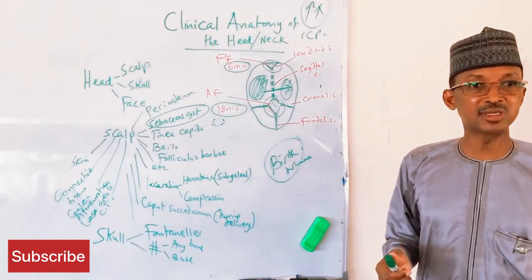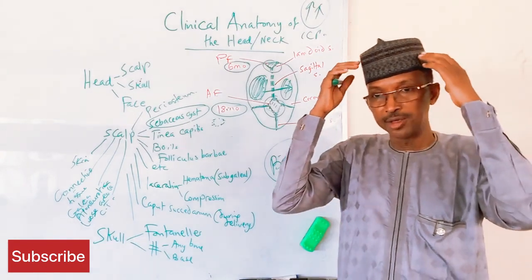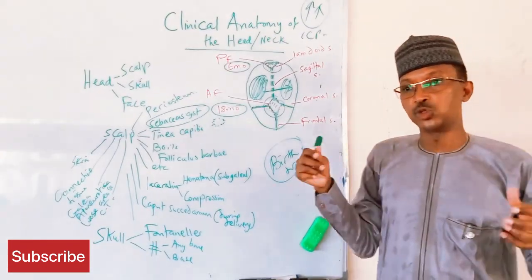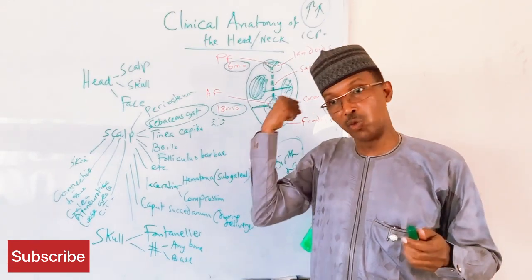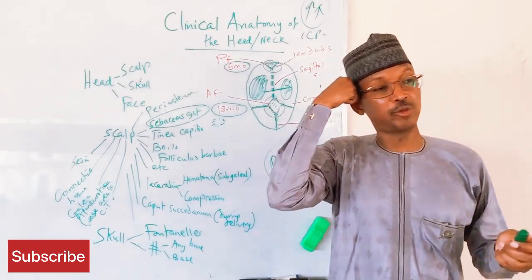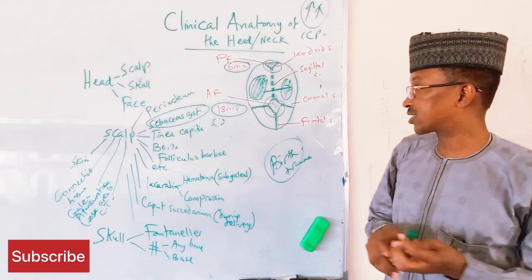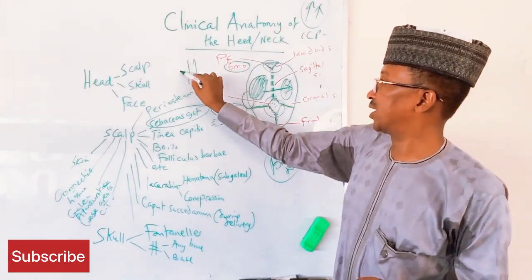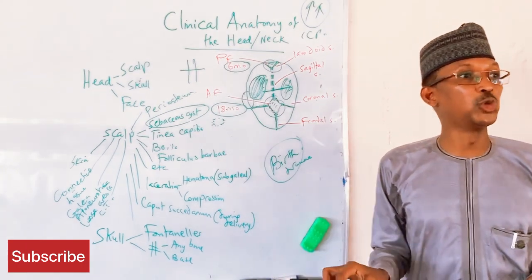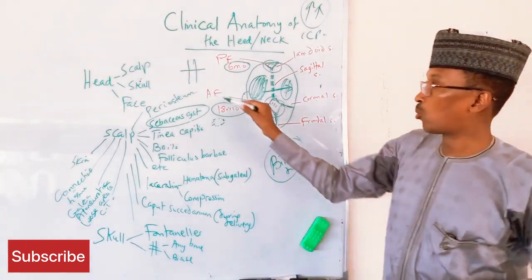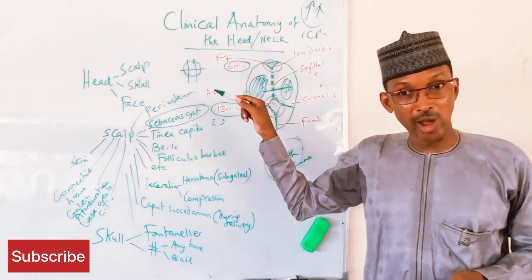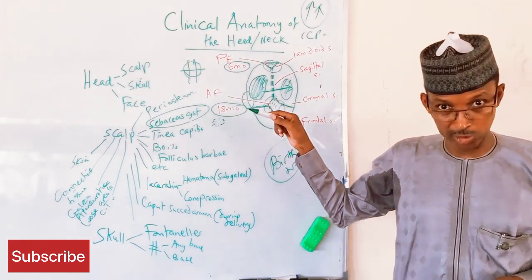Or at times, the skull itself may get some injuries. Like during a fight, somebody may give a blow to the lateral side of the skull, and on that lateral side of the skull, there's what you call pterion. Pterion is just an area where you have union of 4 sutures, an area where you have about 4 bones uniting.